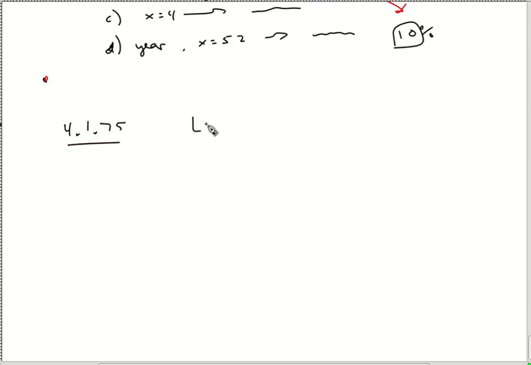So this is a logistic growth model, and let me give you the formula first. They got capital N of t is equal to 50,000 all divided by 1 plus 30 e to the negative 2.0 t.